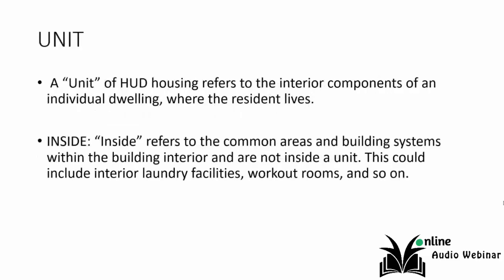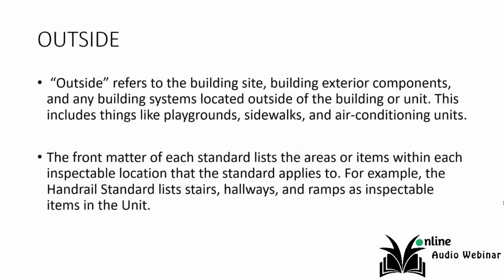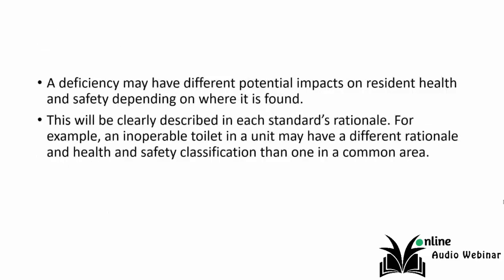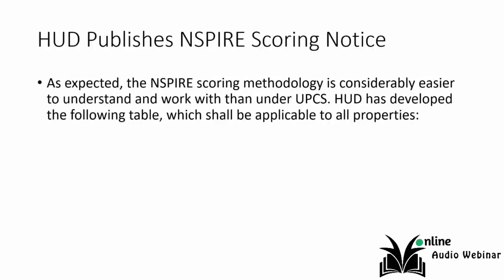Inspectable areas. This approach allows the inspectors to cite deficiencies based on where they are standing. A unit of HUD housing refers to the interior components of an individual dwelling where the resident actually lives. Outside, of course, refers to the building site and building exterior components. A deficiency may have different potential impacts on resident health. NSPIRE scoring is considerably easier to understand.